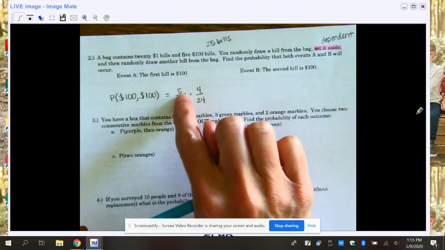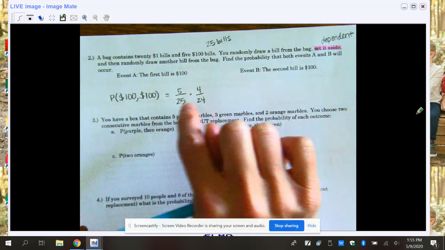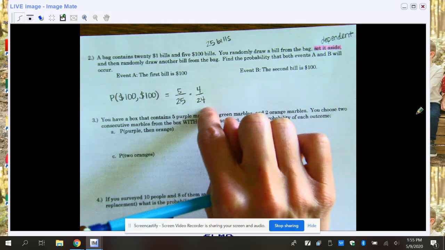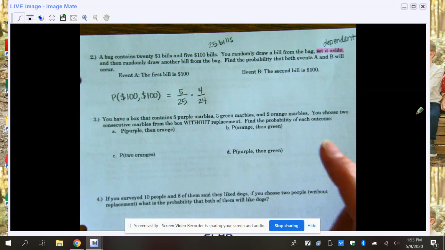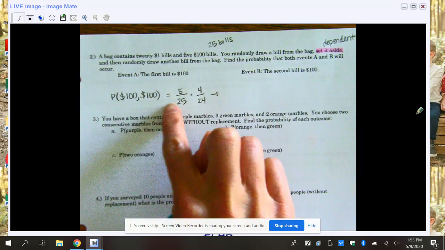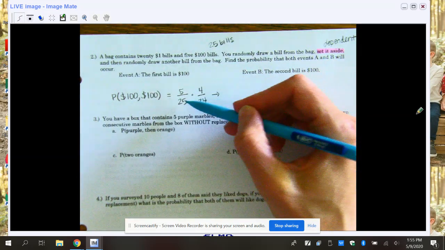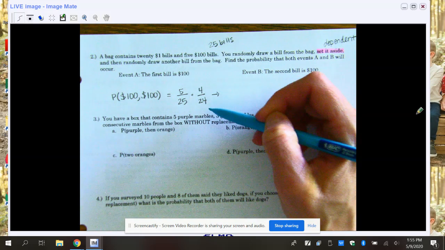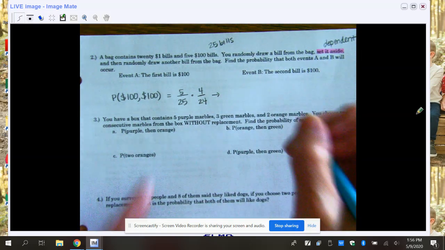Okay, so when you multiply across here, because the 25 and the 24 is obviously going to be a pretty big number, I would recommend, in terms of leaving your answer as a fraction, to go ahead and simplify first, because it's going to be a lot easier to simplify these smaller fractions than the bigger ones.